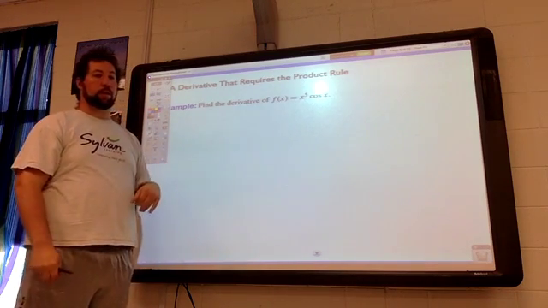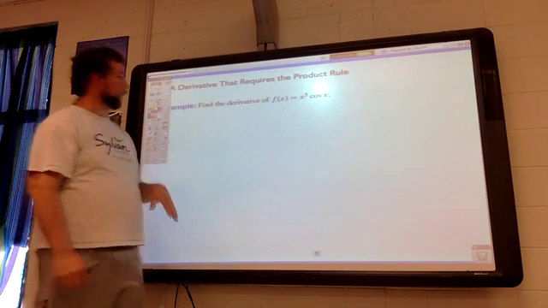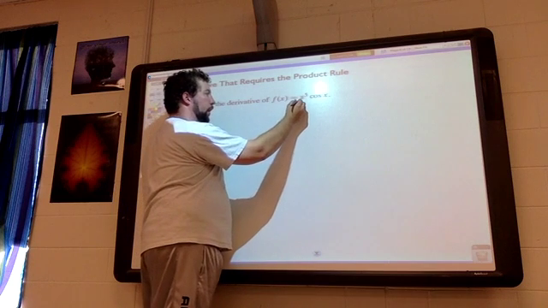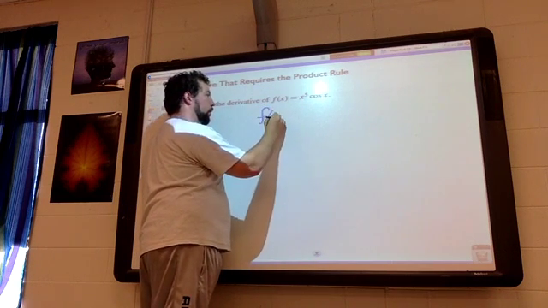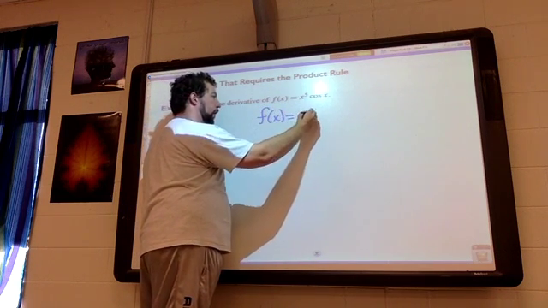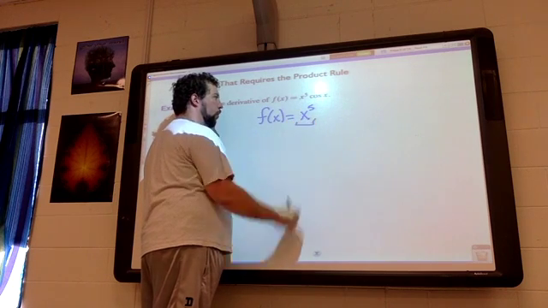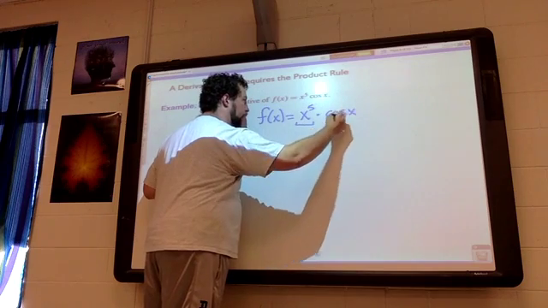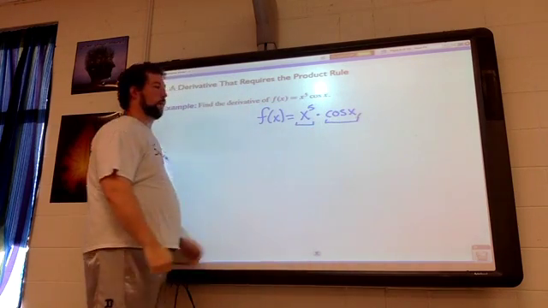This is a little bit more interesting. So let's do it. We should realize that this function has 2 parts. It has an x to the 5th, that's part number 1, times the cosine, which is part number 2.